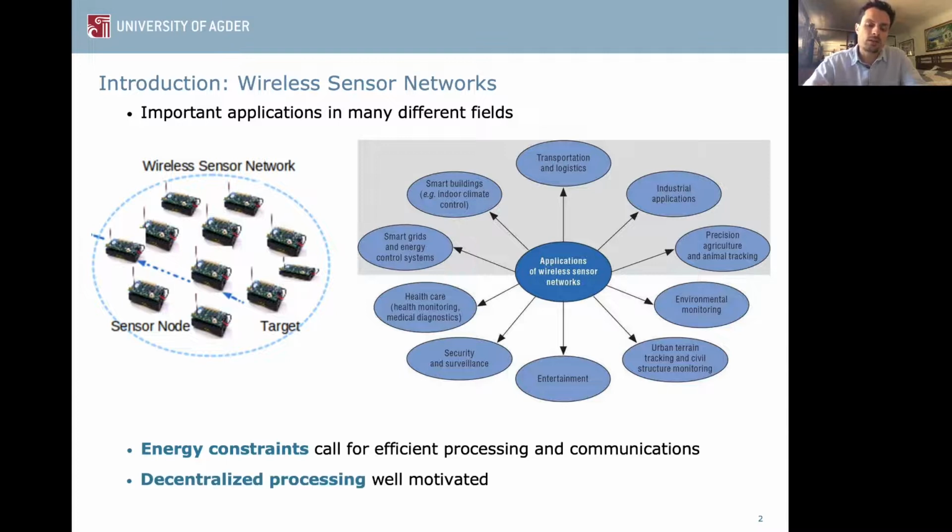So these and other reasons motivate decentralized processing. And this work contributes in this direction by developing an algorithm for computing subspace projections in a decentralized fashion with a small number of interactions between neighbors.